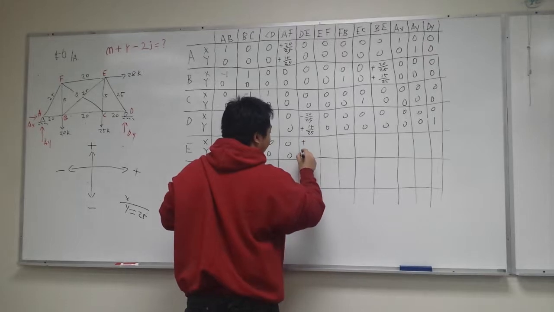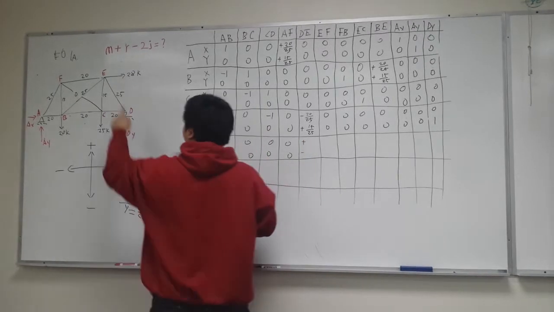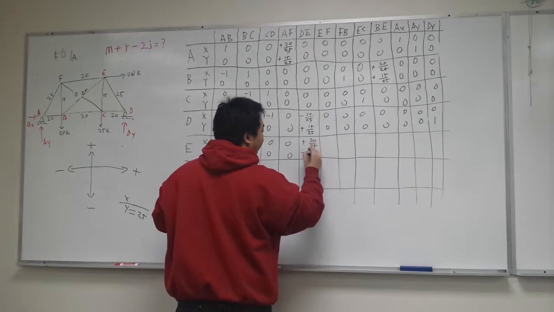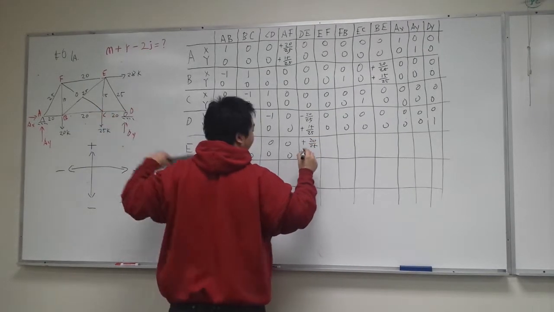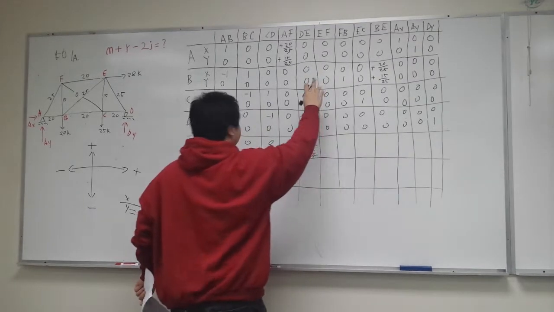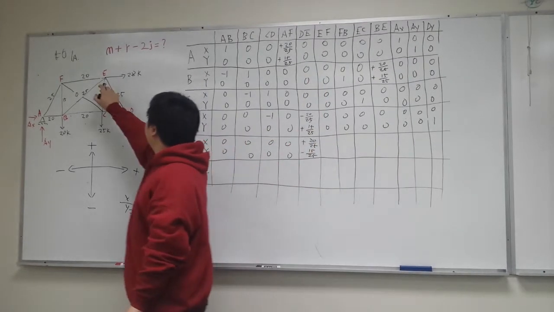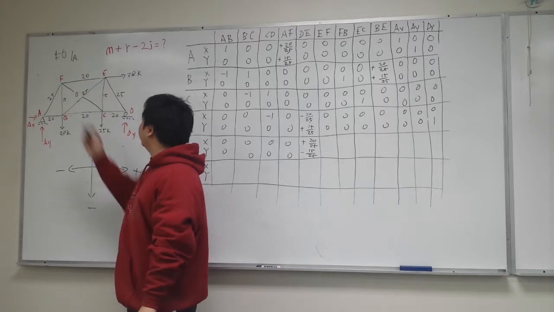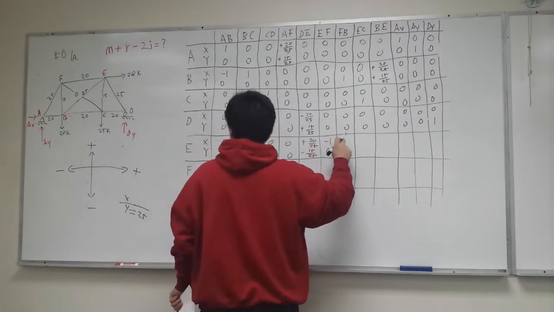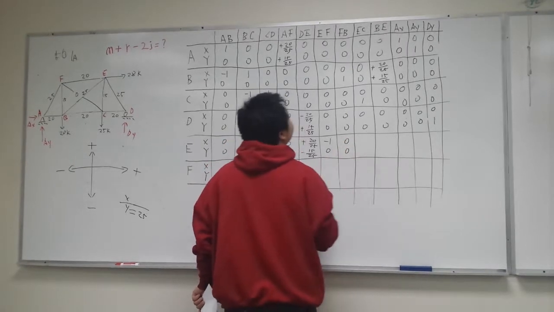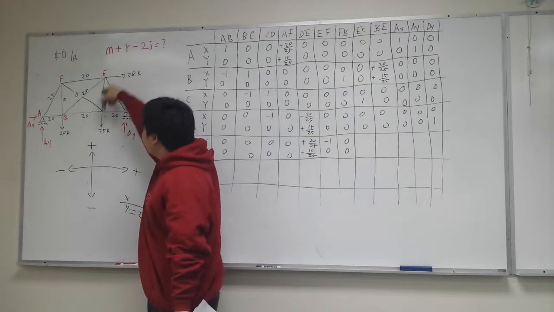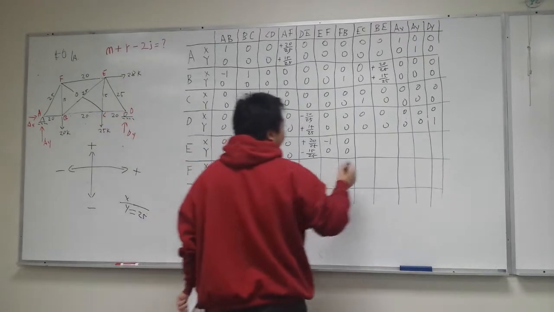So x is 20 over 25 and y is 15 over 25. EF is going this way, so it's negative 1, 0. E had nothing to do with this. EC, E to C, is going down, so it's negative in the y-axis.